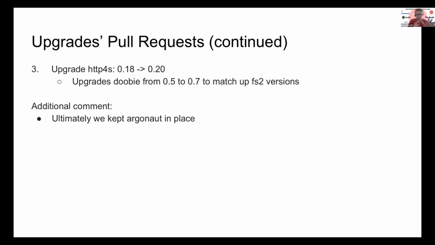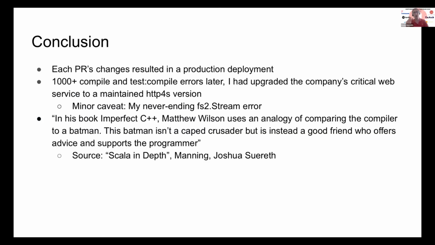But we do use Circe in all new services, and this might actually be the only service we maintain that uses Argonaut. So the conclusion that I have, just to reiterate: each PR, when it got merged, kicked off a CI build, and then it got deployed to prod.